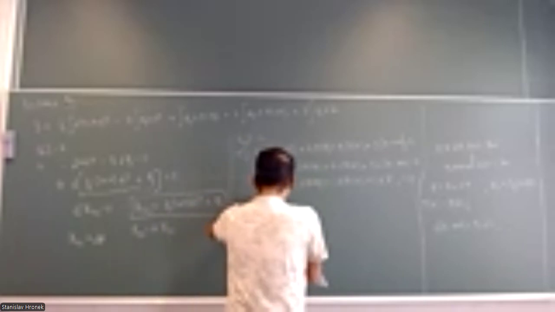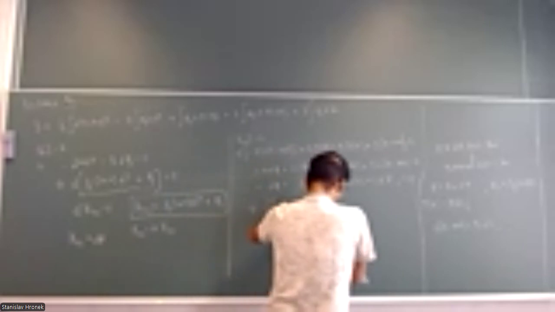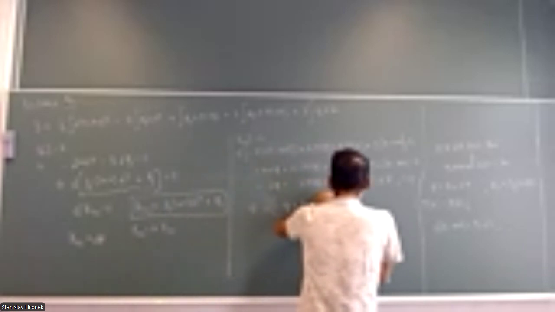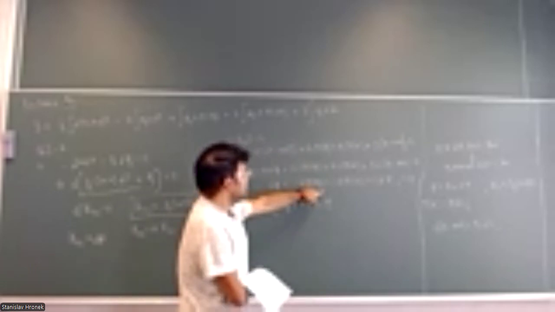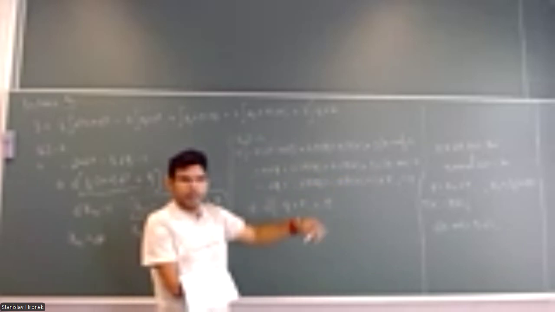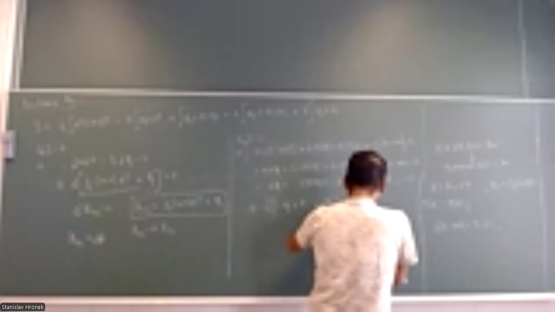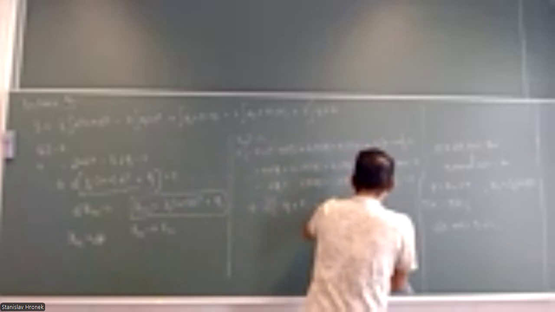Now we can rewrite this as minus q plus k minus plus m. Now remember, this m is a linear map. So m of q plus m of k is same as m of q plus k. Right? So this equals 0.